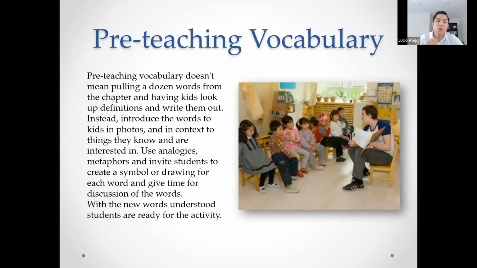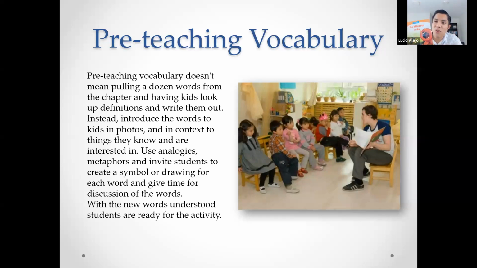No, you first pre-teach vocabulary. So number one, you have to read the story in advance. So you're not gonna read the story on the spot, right? That's impossible. So you read the story in advance and then you check what's the vocabulary in this story that you believe is important for your students to know by heart. So in this case, we have different characters. We have the lion.